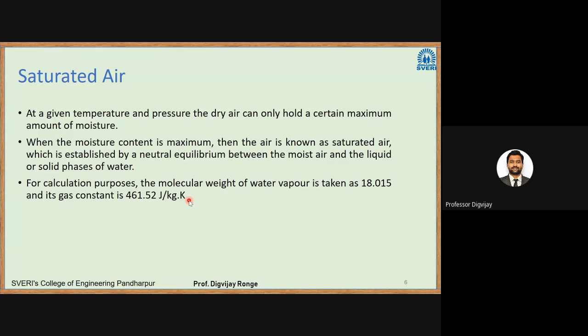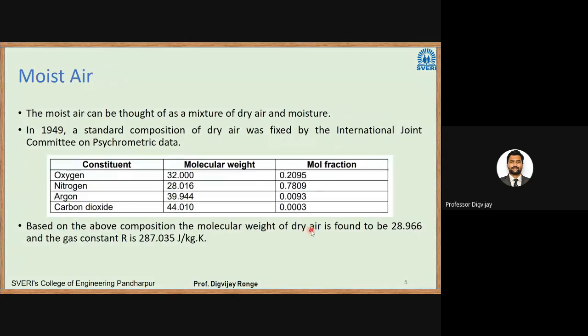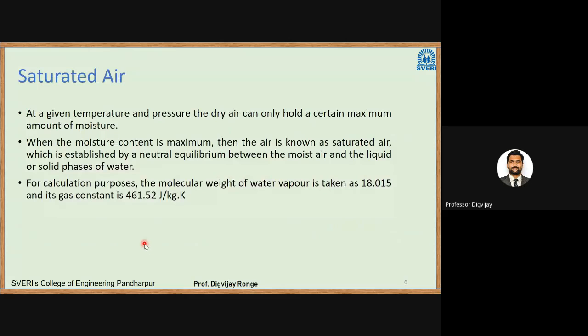In the previous slide, we saw that the molecular weight of dry air we take as 28, and its gas constant is 287. In this slide, we have seen that the molecular weight of water, for H2O, is 18, and its gas constant is 461.52 joule per kg Kelvin. Generally the air we consider here is moist air, a mixture of dry air and water particles.